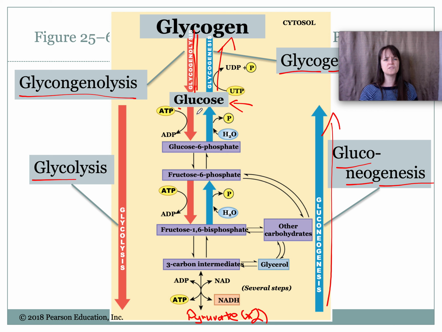Glyco, and this refers to the glucose now, so I don't know why it has a Y. Glycolysis breaks the glucose down into pyruvate, burns 2 ATP, makes 4 ATP, and water, and yada yada.